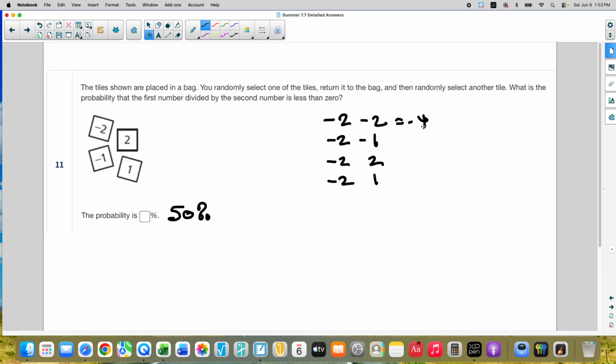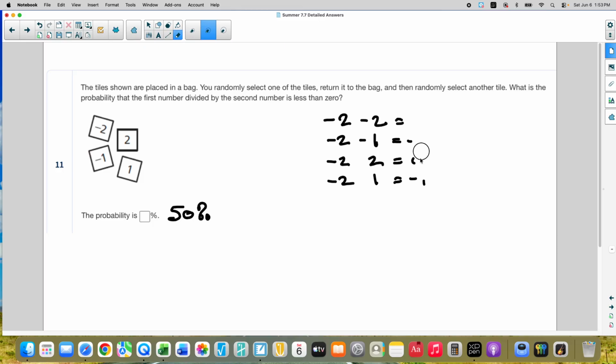That's going to give you -4, that's going to give you -3, that's going to give you 0, that's going to give you -1. What is the probability of the first number divided by the second number is less than 0?